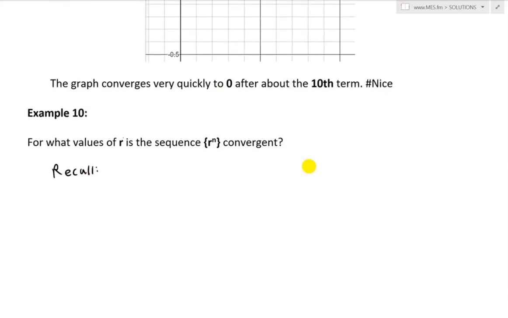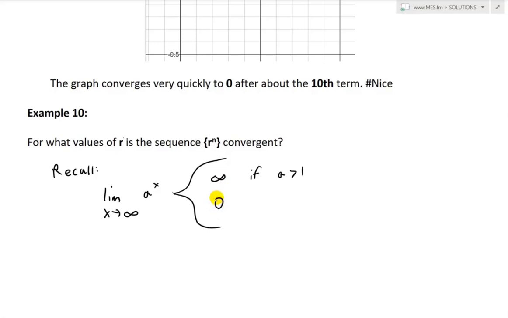Recall that for setting this in function mode, the limit as x approaches infinity of a to the x is equal to infinity if a is greater than 1. So if it's greater than 1, then you're going to have a number to the power of infinity, which just keeps going, a larger power, it keeps getting bigger and bigger and bigger, so it approaches infinity.